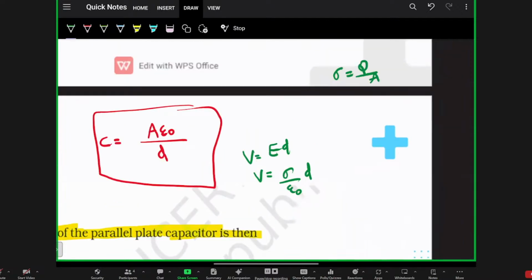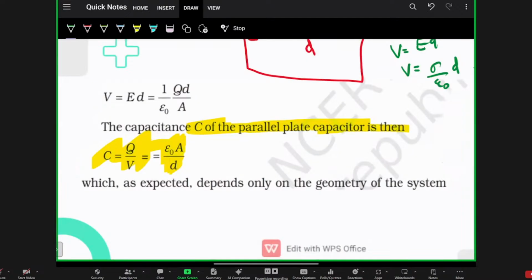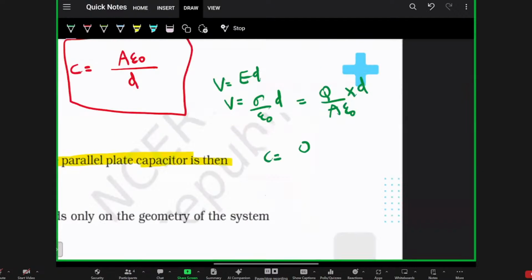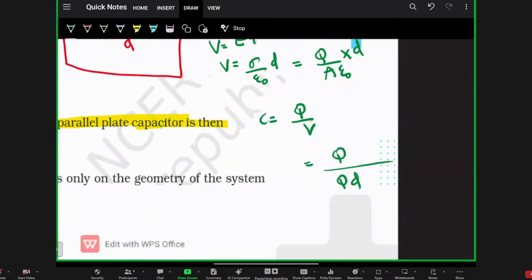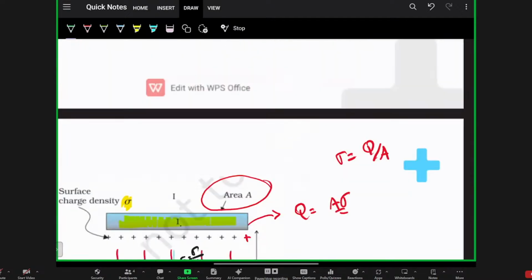So I can write Q by A epsilon naught into D. This is the potential difference, and we know capacitance C is equal to Q by V. So Q divided by Q D divided by A epsilon naught. Q I can cut, and the capacitance C is equal to A epsilon naught divided by D. So the capacitance of a parallel plate capacitor is A epsilon naught divided by D.